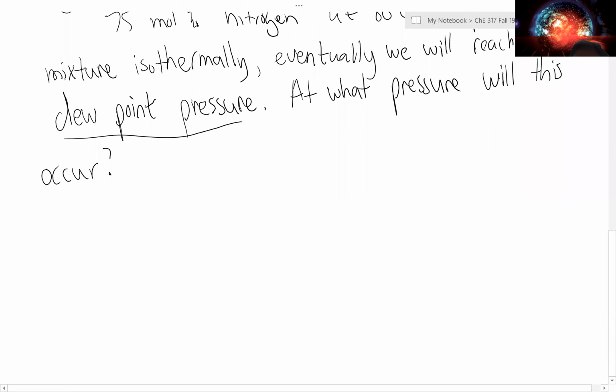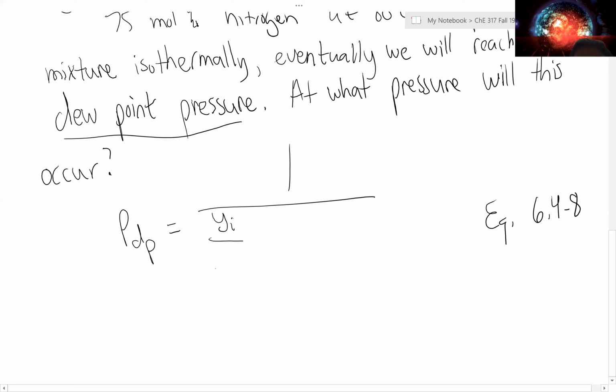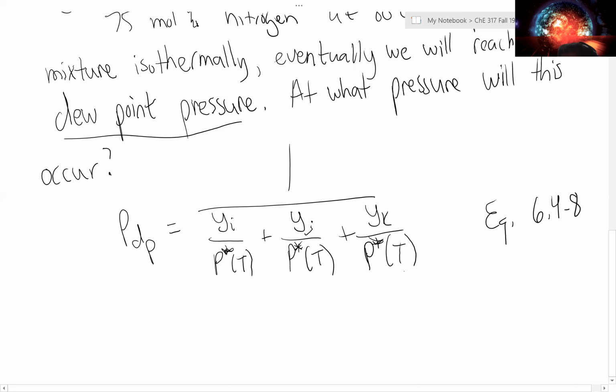Well, to calculate the dew point pressure of a mixture, we can rely on an equation within the text, which states the dew point pressure is simply 1 divided by the sum of the mole fraction of a component over the vapor pressure of that component at our temperature of interest, plus the mole fraction of our second component over its vapor pressure, plus the mole fraction of our third component over its vapor pressure.